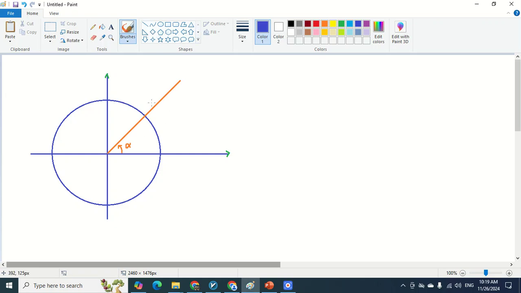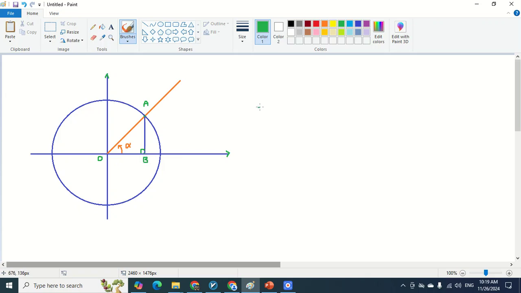To determine the trigonometric values, we construct this right triangle. Let us name the triangle using the center as O. The intersection of the ray and the circle is named A, and this perpendicular line determines a point B.